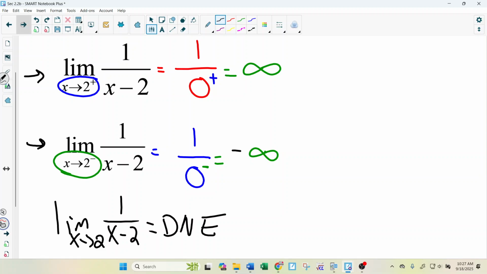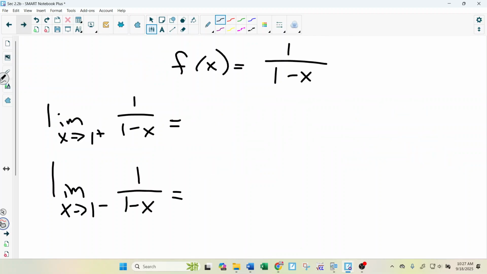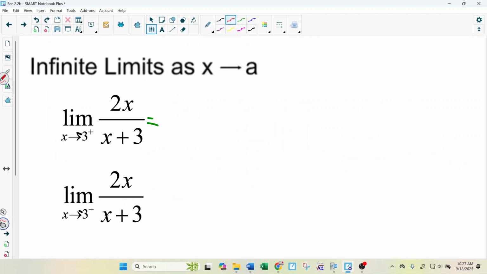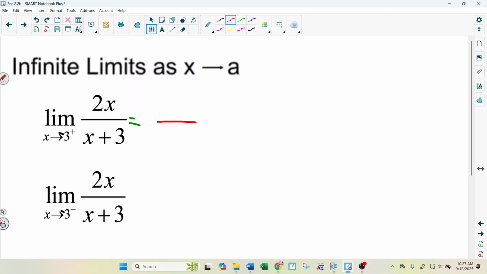Okay. All right, let's try this one. What's the limit as x approaches negative 3 from the right and negative 3 from the left of 2x over x plus 3? Both of these, the bottoms go to 0. What's the top get close to?